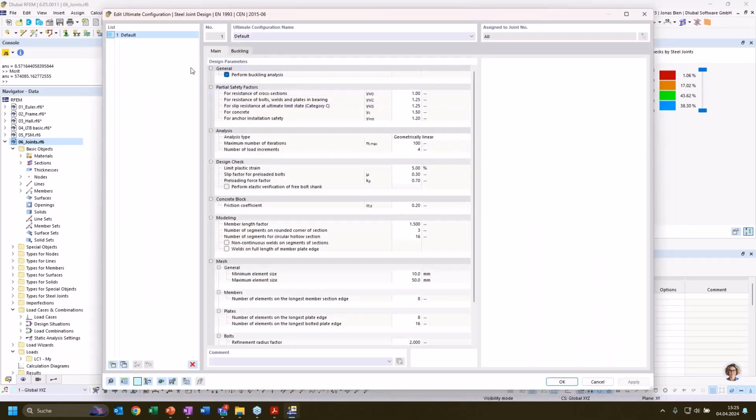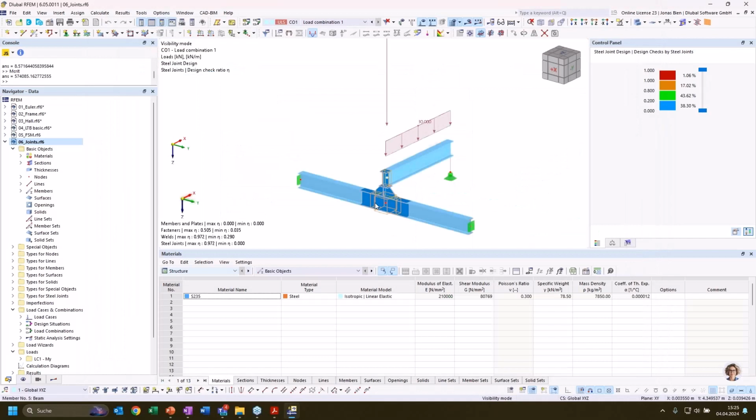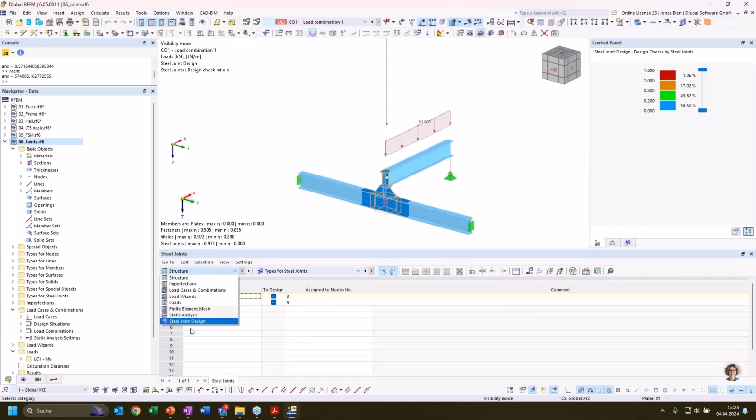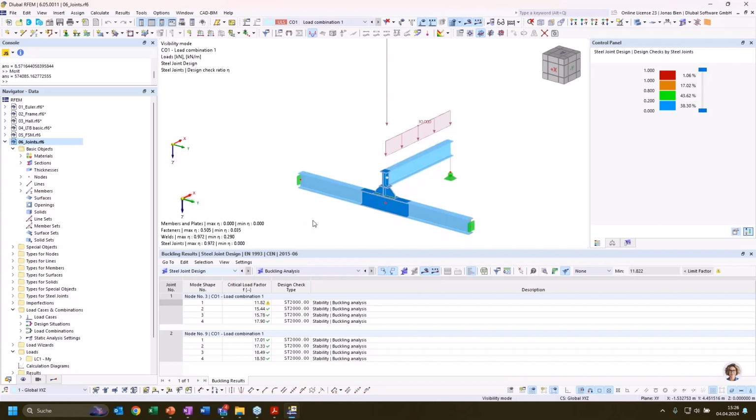You can find that in the ultimate configuration for the steel joint, in the first point, perform buckling analysis. If you have activated it, then not only is the resistance of the components calculated, but also a linear eigenvalue analysis is performed, and we can assess the results via the table. Here we see that we don't only have the result values for the stress-strain analysis, but also for the buckling analysis.